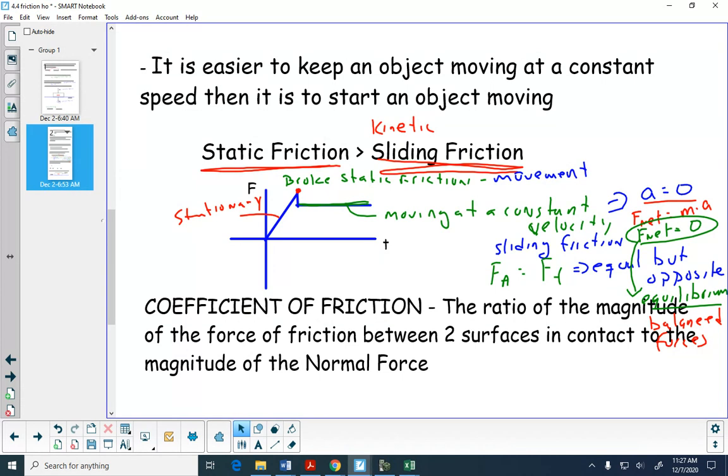The coefficient of friction is the ratio of the magnitude of the force of friction between two surfaces in contact to the magnitude of the normal force.